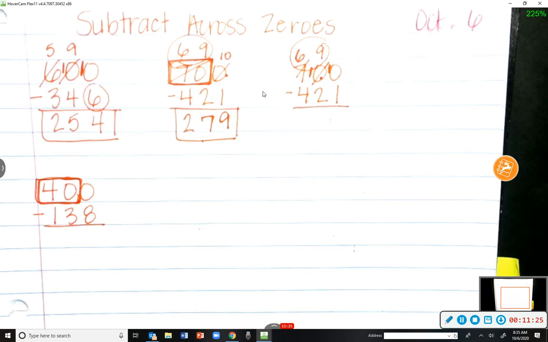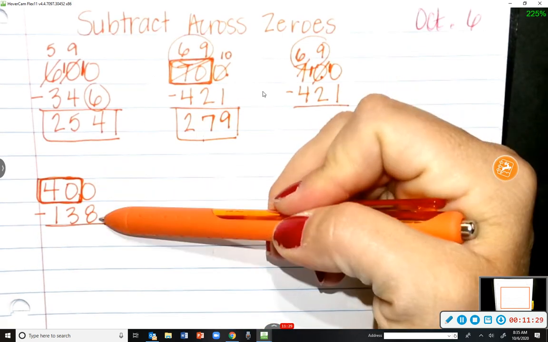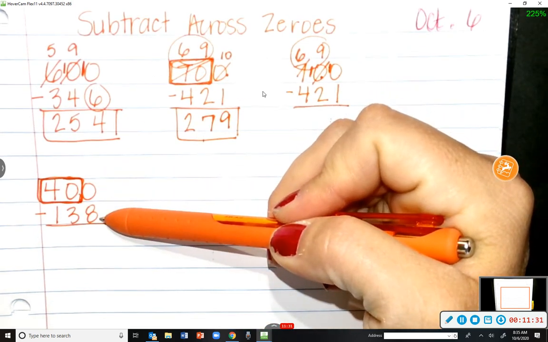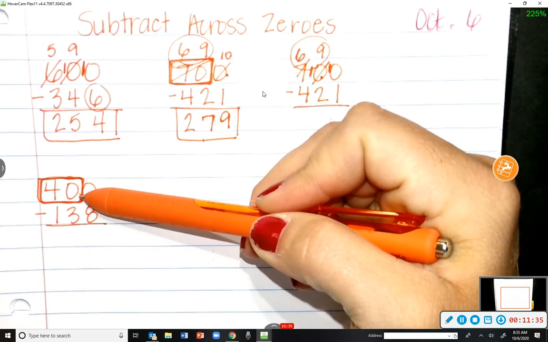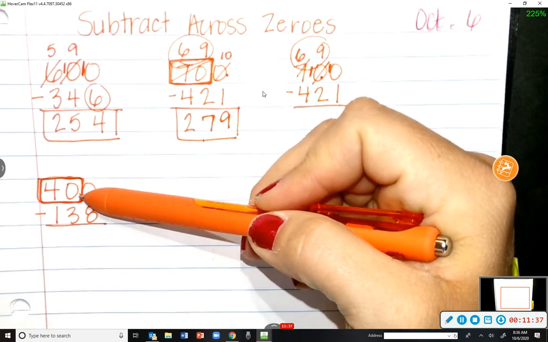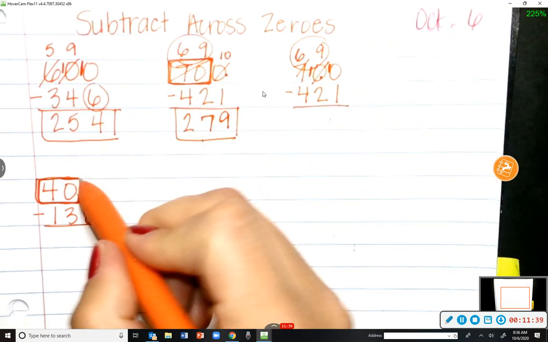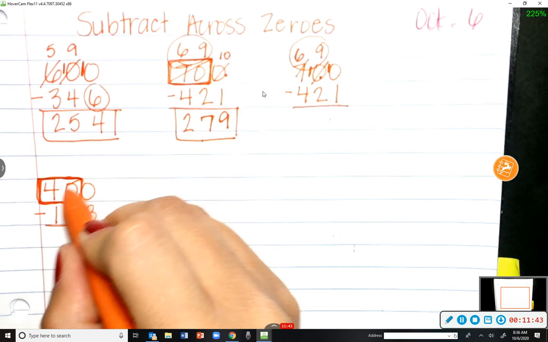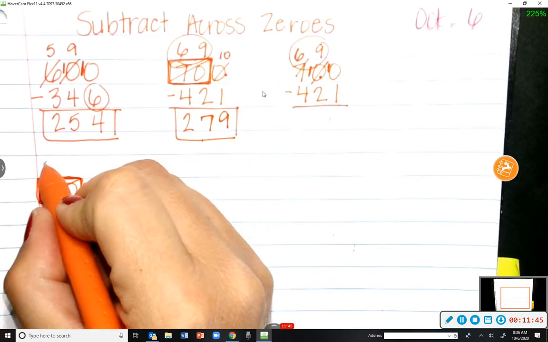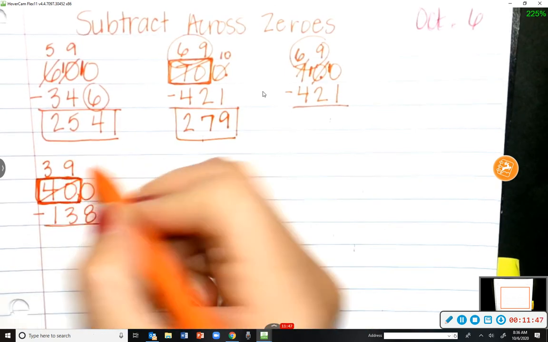Okay, let's check and see what you got. So we start in our ones place. We see there is more on the floor, so we need to go next door. But it's a 0, so I can't borrow from the 0. We already boxed this, so we're going to borrow from a 40. So you should have written 39 at the top.